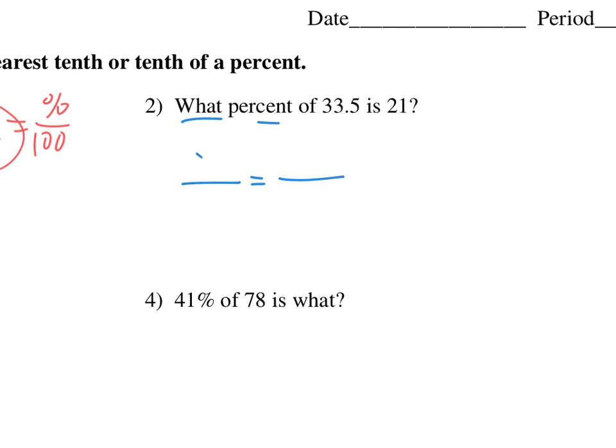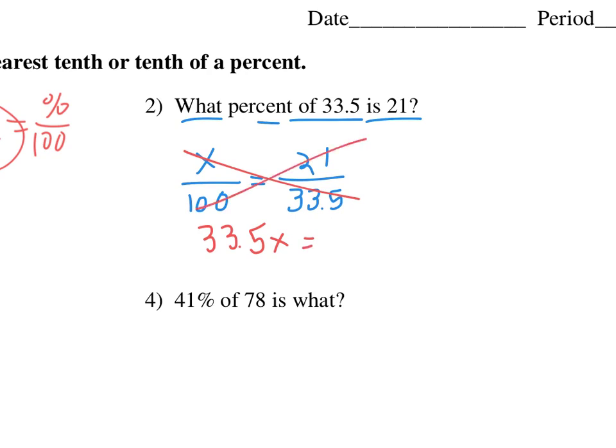What percent, I'm going to put that over here this time, x over 100, can go in any way, of 335, of goes on the bottom, 33.5, is goes on the top, and then I go ahead, find my variable, 33.5x equals 2100.